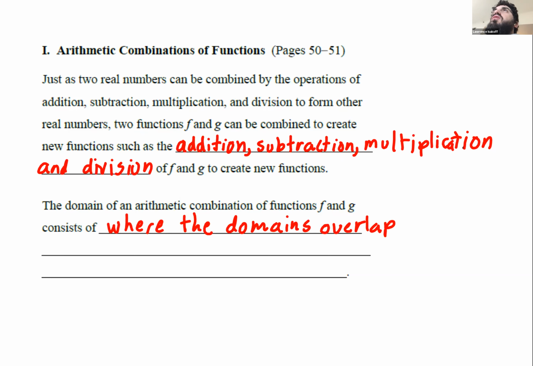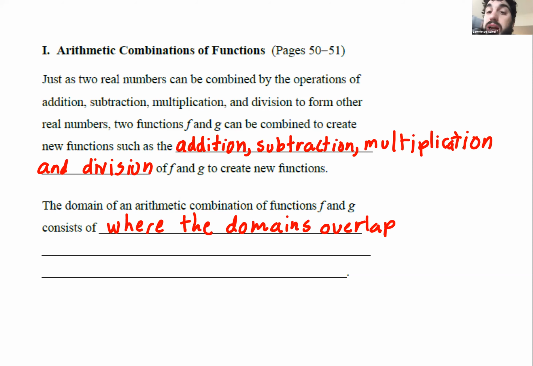So if one domain was, say, all real numbers, and the other domain was restricted to x is greater than 2, the overlap of that would just be x is greater than 2. If you see one has a more restrictive domain, most of the time that's going to end up being the domain. We don't have to stress too much about that, actually. We're just going to focus on how we combine them right now.